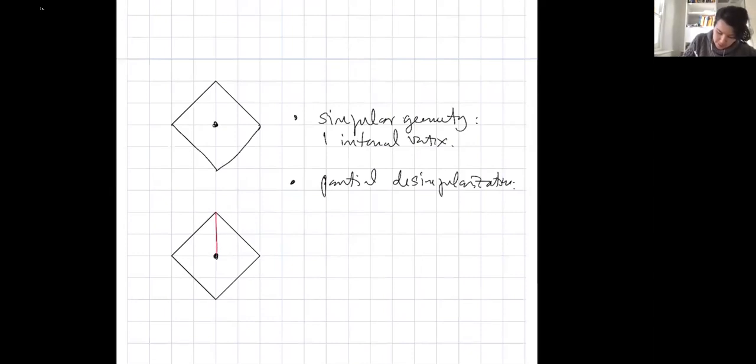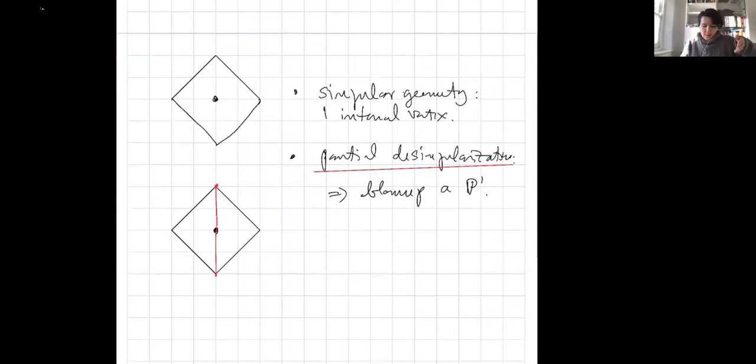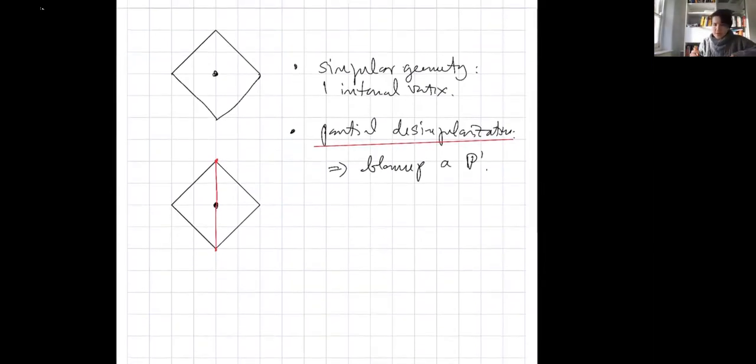Now we learned that this divisor and this divisor are actually the same. So I can't just introduce half a line, I need to introduce a full line here. So this is a partial desingularization. This basically means I've blown up a rational curve, a P1, but this still is a singular geometry.